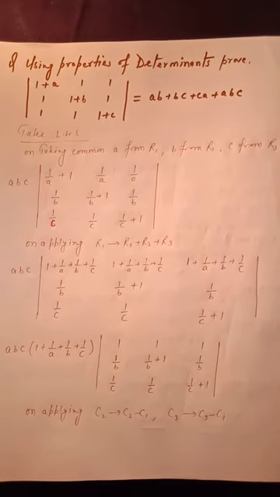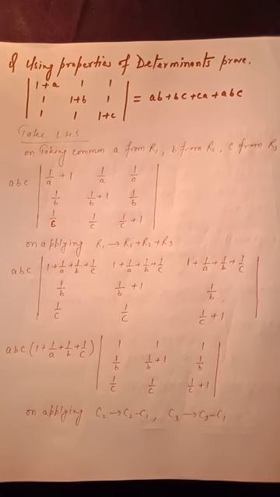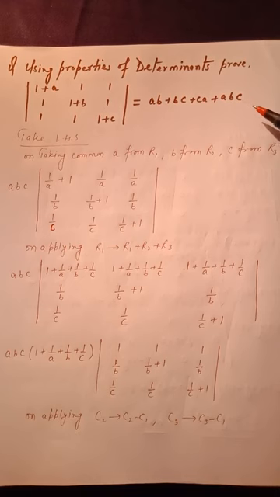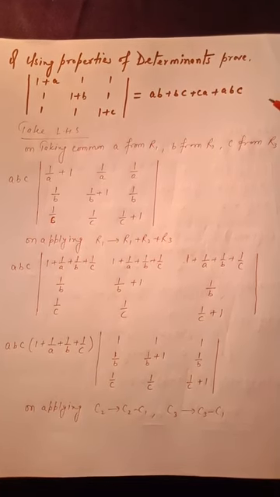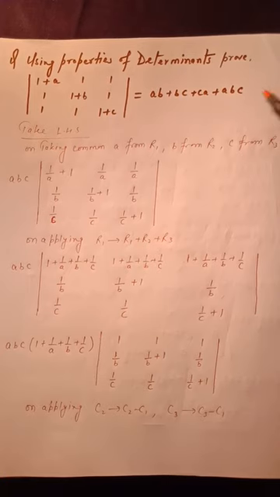In this problem we have to prove AB plus BC plus CA plus ABC. Here this is an important step. I am taking A common from row number 1.